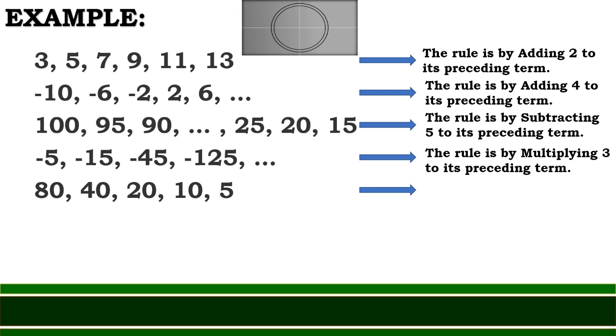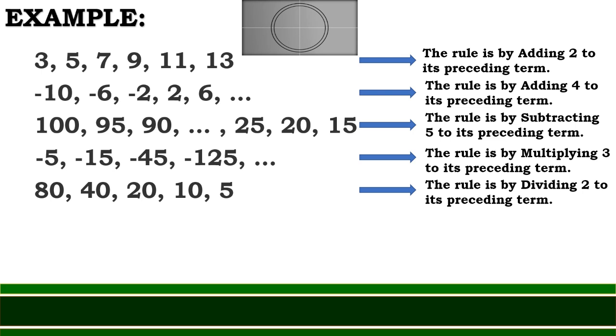Okay, for this example, the rule is by dividing 2 to its preceding term. Let us try to check. 80 divided by 2 will become 40. 40 divided by 2 will become 20. 20 divided by 2 will become 10, and 10 divided by 2 will become 5.